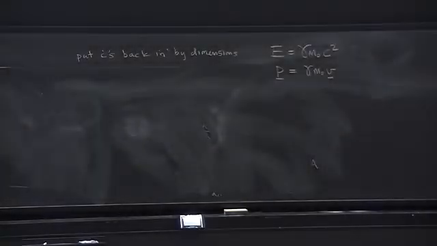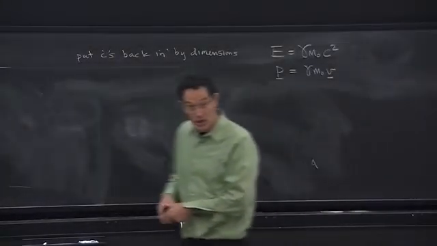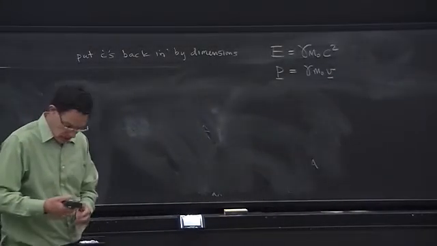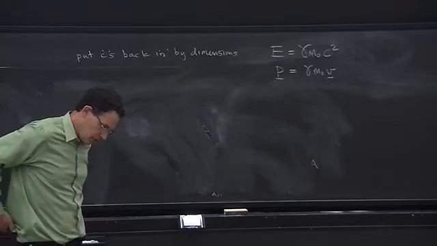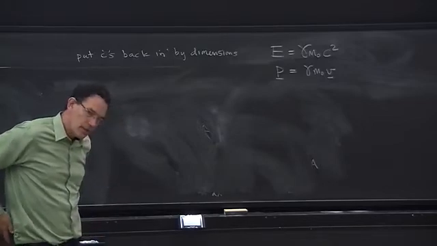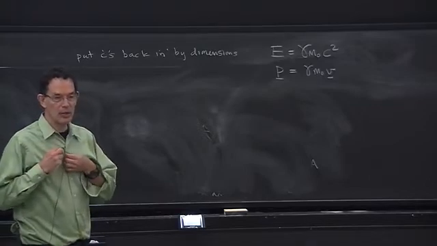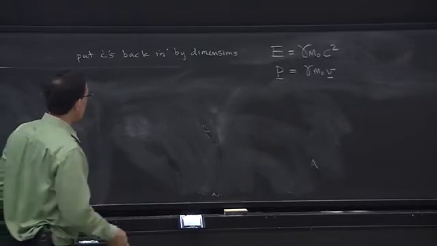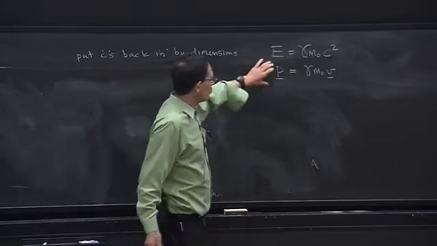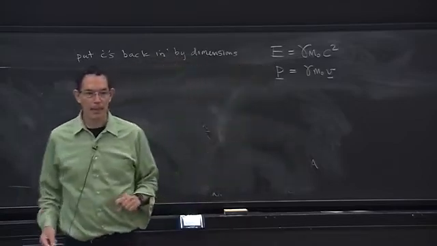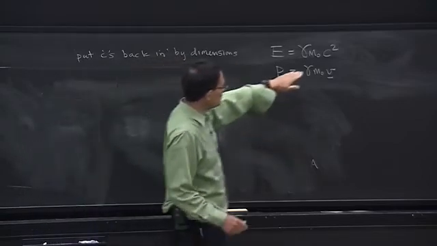Okay, so we see that the Noether procedure tells us exactly what the energy is, and what the momentum is. Can you see how I put the c's back in?